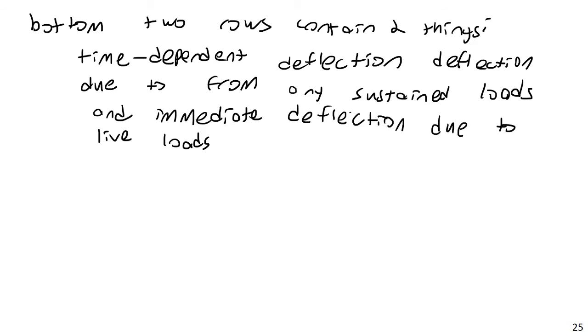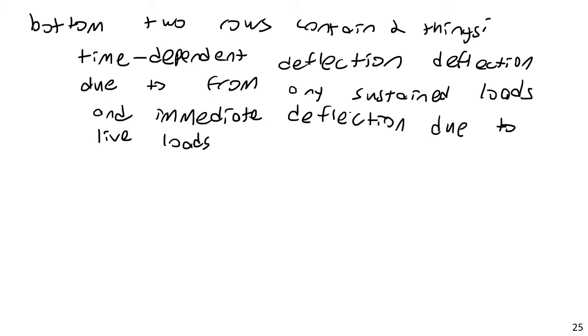But crucially, this is just the deflection. So for example, this is just the long-term deflection of the dead load basically, and the short-term deflection of any live load present.